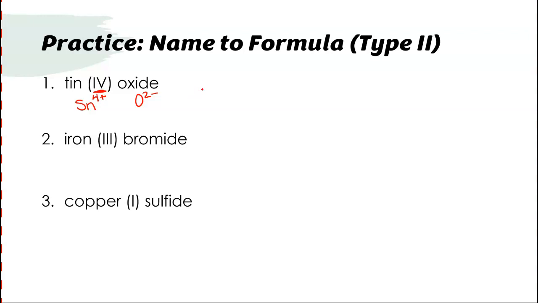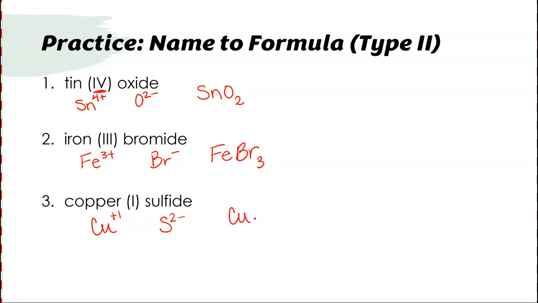And so now we have tin(IV) oxide. Iron(III) bromide: bromide is a -1, so we end up with FeBr3. And finally, copper(I) sulfide. Sulfide is a 2-, and copper is +1 because it's a I. And so it is copper, and there are 2 of them, and a sulfur.